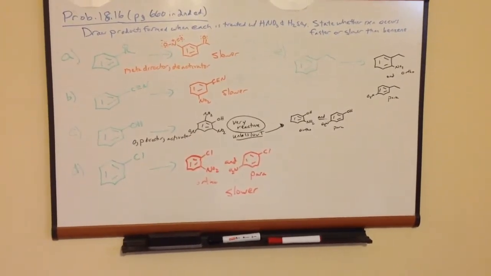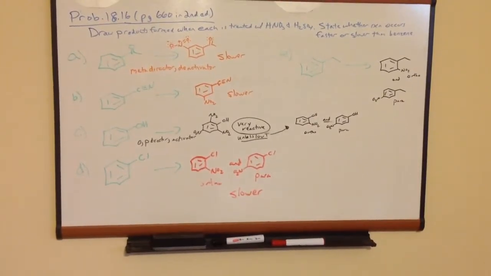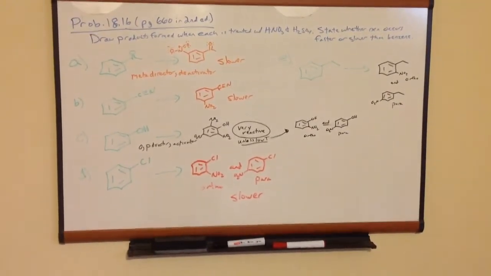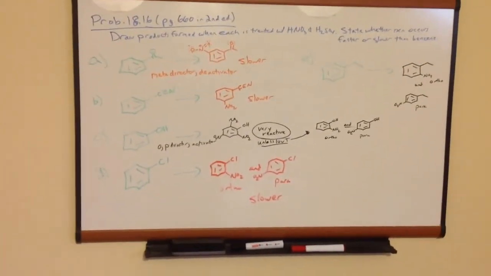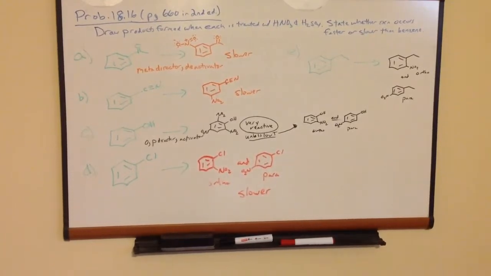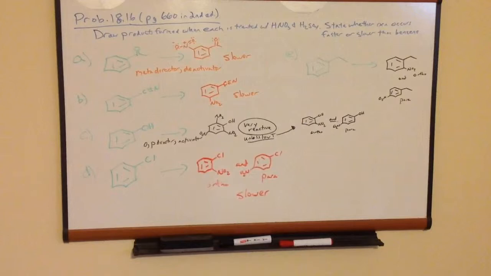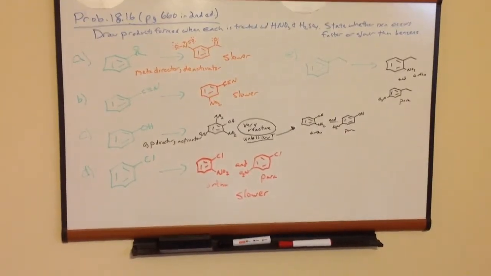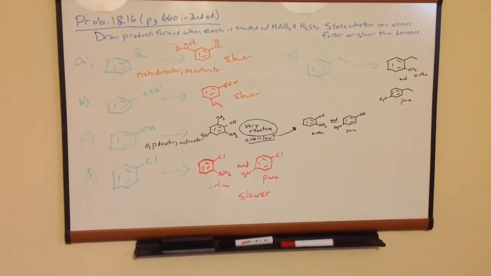And same thing with E. Okay, nitration, nitro groups are deactivating. However, if we look ahead in the chapter at some of the reductions of nitro groups, which we'll talk about hopefully on Friday, if not sooner, those reductions make an amino group, and aniline derivatives are activating. So we'll pause.